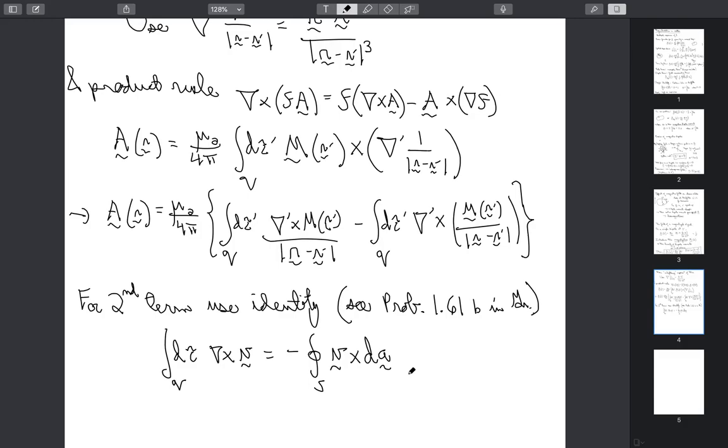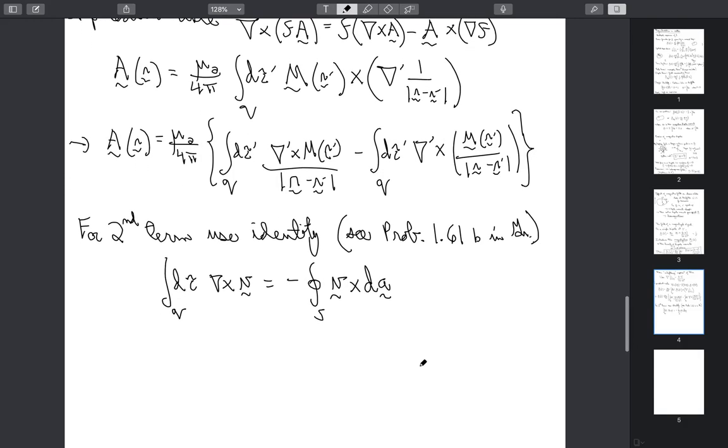So this is a simple exercise that you can look at. It's a relatively straightforward vector identity that you can check for yourself. So now what I can do is just use this in here, because what I'm going to get is a surface integral instead of this volume integral here.